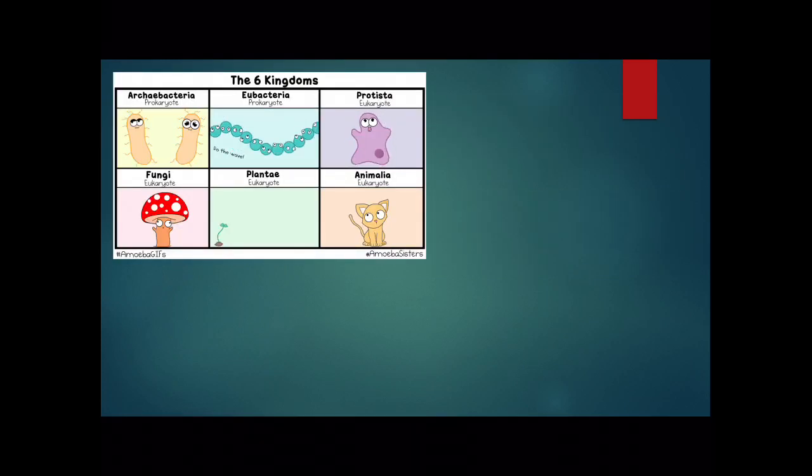All right, so we have these 6 kingdoms: archaea, bacteria, protista, fungi, plantae, and animalia. These 6 kingdoms are defined by 3 different ways of being classified. The first type is by their type of cells. There's 2 characteristics that we will talk about.